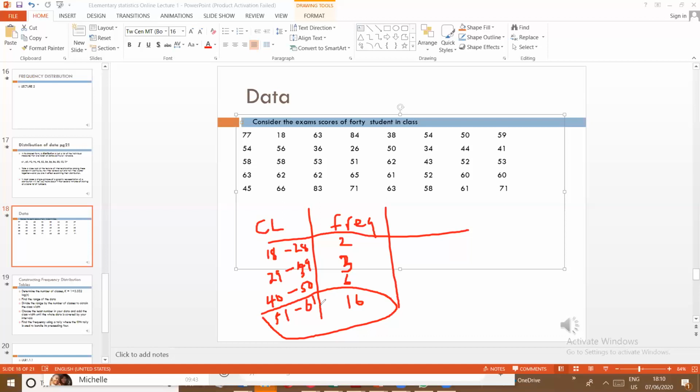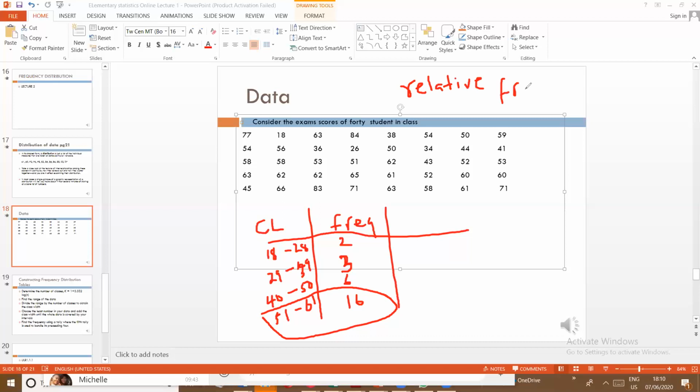Now, another way we can express this frequency distribution is what we call relative frequency. So we can re-express this as relative frequencies.